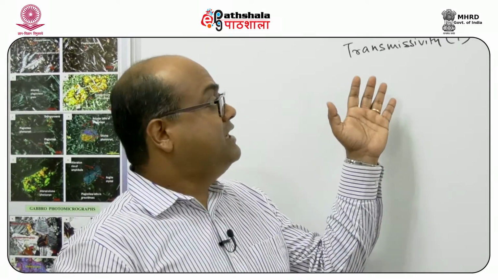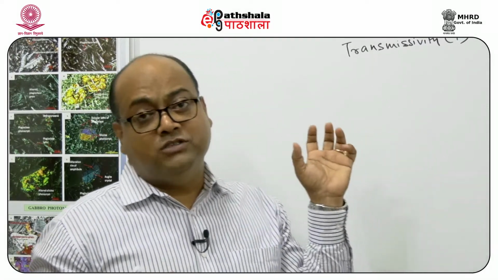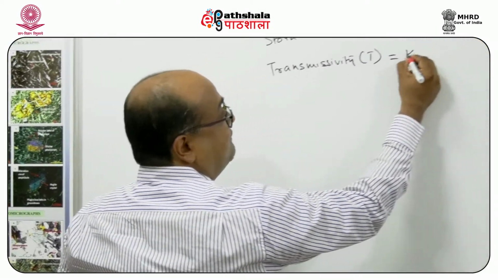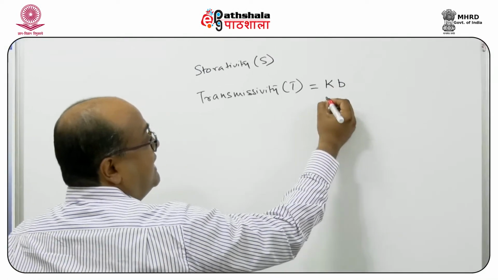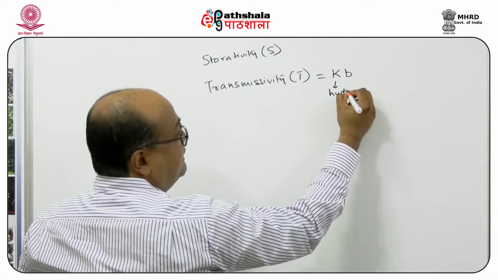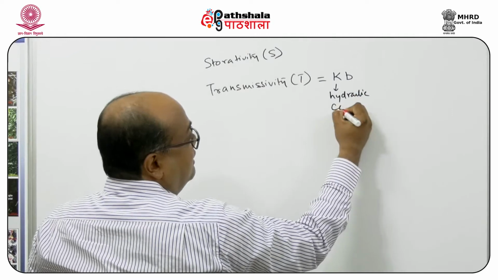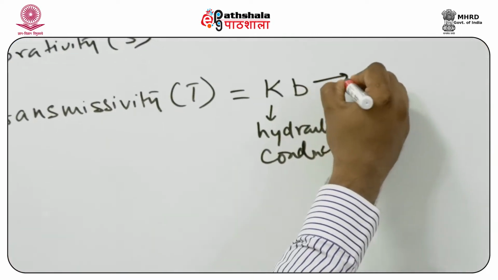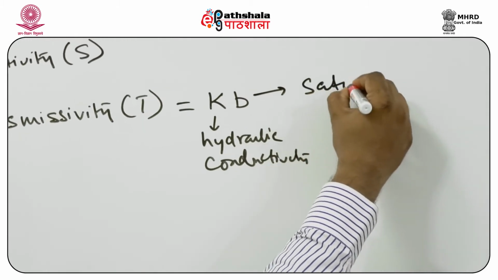And the transmissivity is a property of the aquifer which shows how the water is flowing from one side to the other. If you remember Darcy's equation, this is given by K times B. K is the hydraulic conductivity, and B is the saturated thickness of the aquifer.